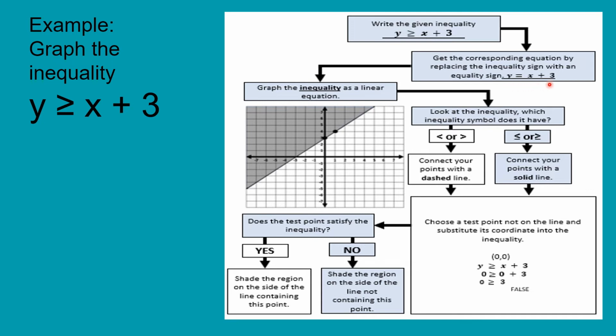So, ibig sabihin, kung etong positive 3 ang ating y-intercept, ipa-plot natin siya dito sa ating Cartesian plane. So, eto na yung ating y-intercept. Okay? So, we have positive 3 here. Eto na yung ating point. Ibig sabihin, ang x niya ay 0 at ang y niya is 3 or positive 3.